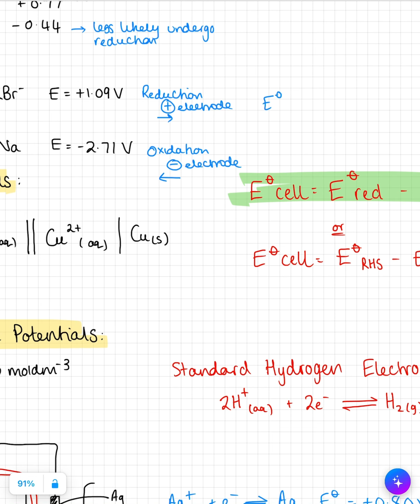So our overall electrochemical cell will give a reading of plus 1.09 minus minus 2.71. So that's 1.09 minus minus 2.71, giving an overall E cell value of 3.80 volts, positive.